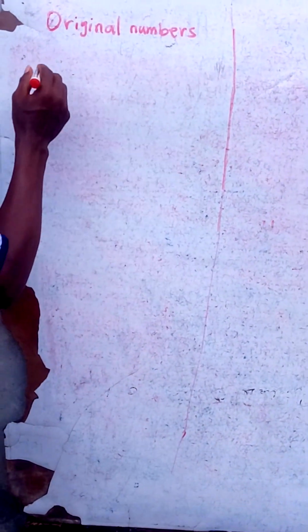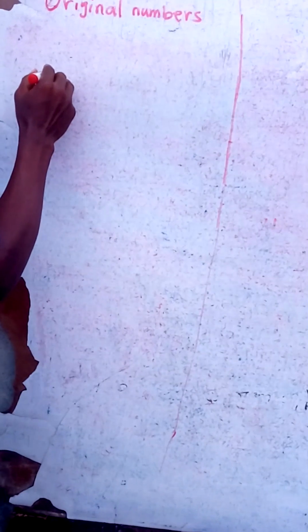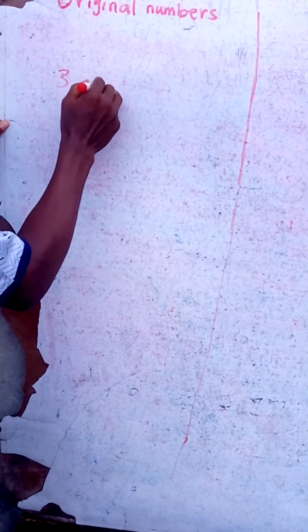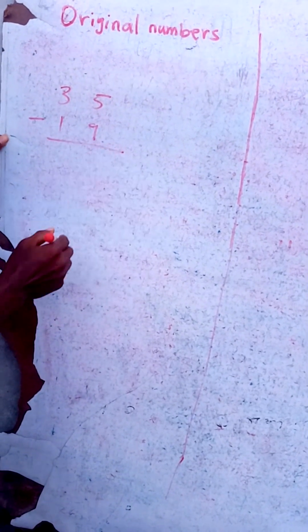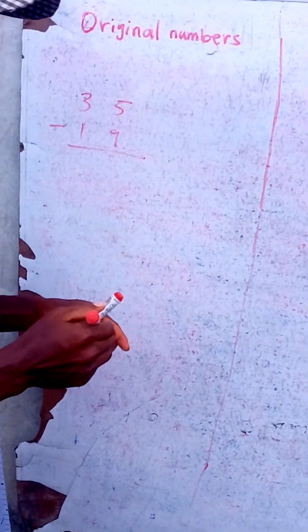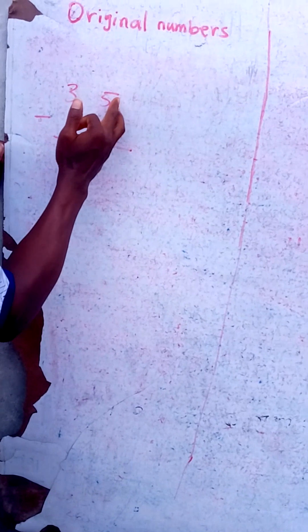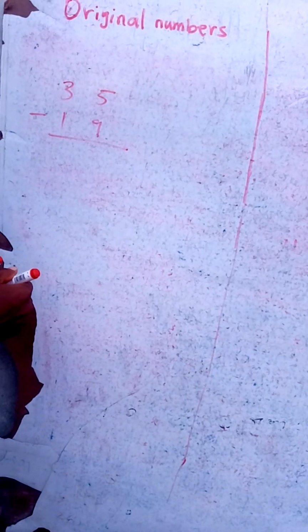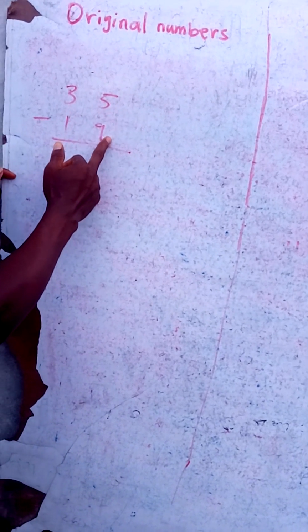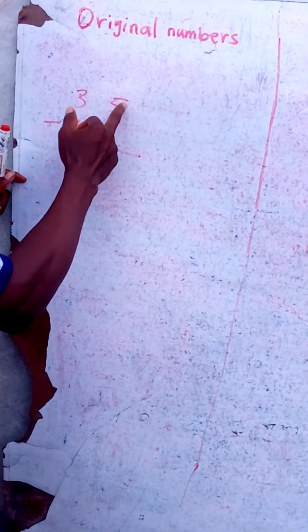All right. So if we have 35 minus 19, normally you say 5 minus 9, 3 minus 2. But 5 cannot minus 9 because 5 is less than 9.